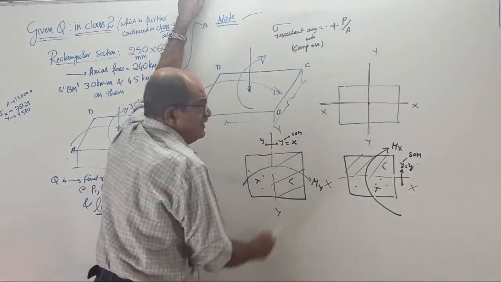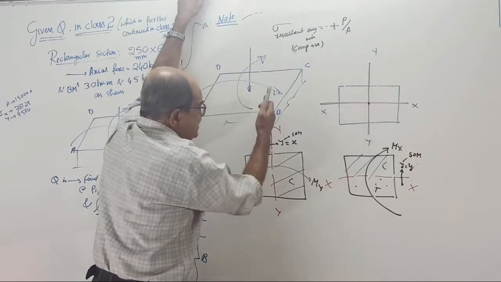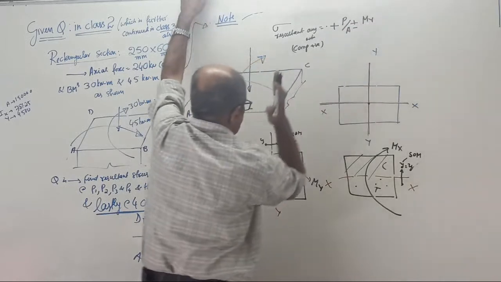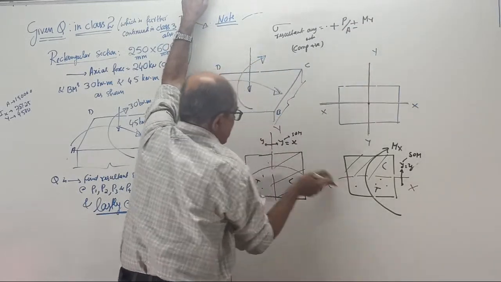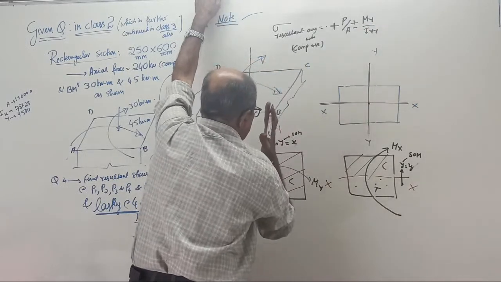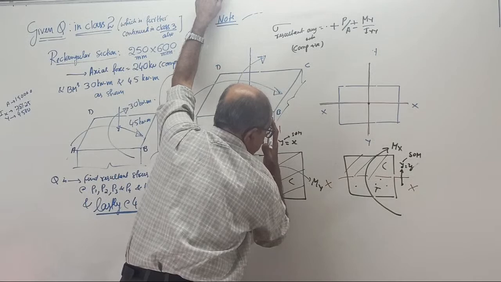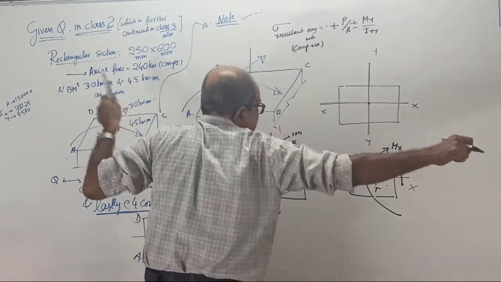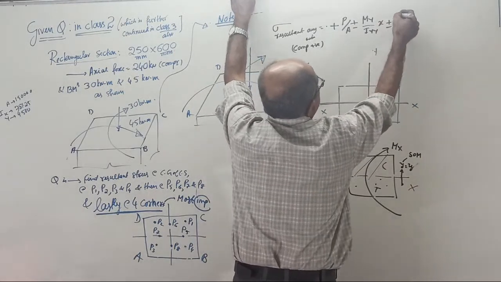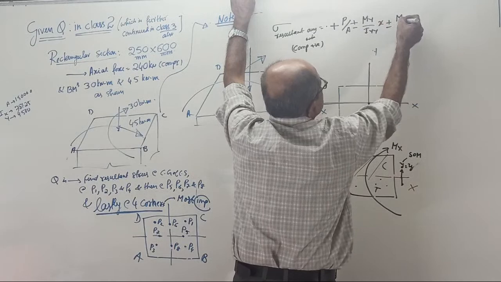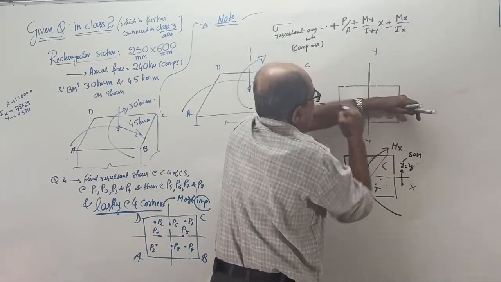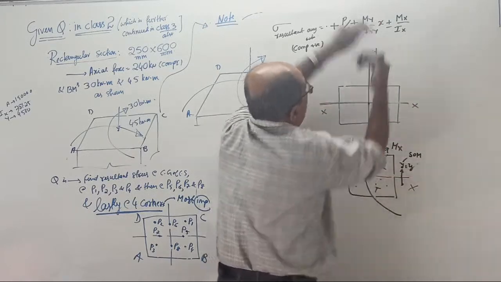So this is your axis y. So consider this axis: plus or minus BM about y axis divided by I about y axis, into x distance, plus or minus BM about x axis divided by I about x axis, this is the axis, into y distance.